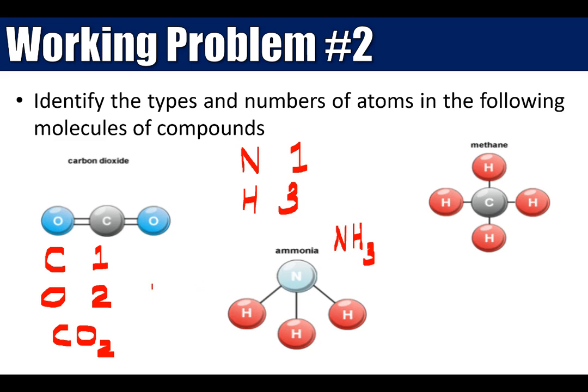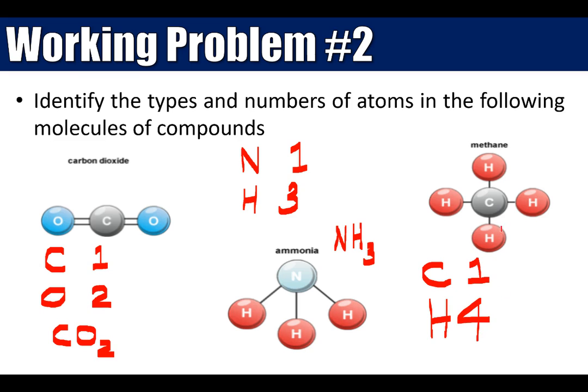Okay. The third compound here is methane. Now, as I've said again, what is the first step? The first step is always to identify your elements. So there's carbon, which is C, and hydrogen, which is H. Okay. How many carbons do you see here? You only see 1 carbon. How many hydrogens? 4 hydrogens.